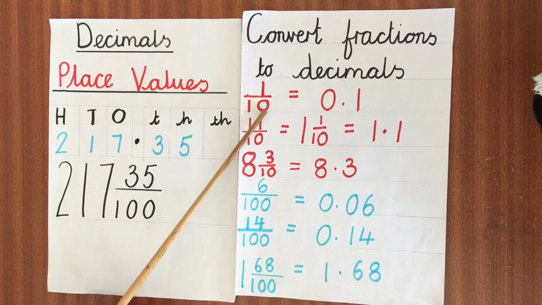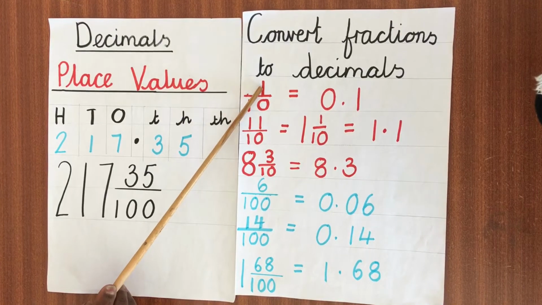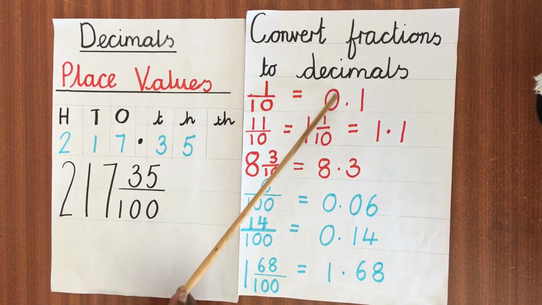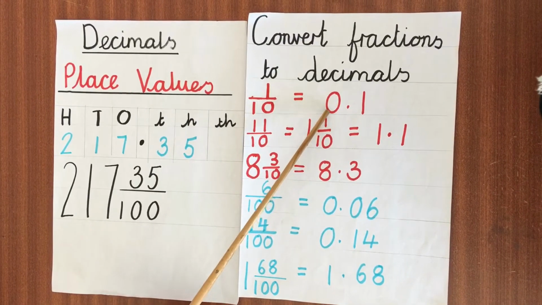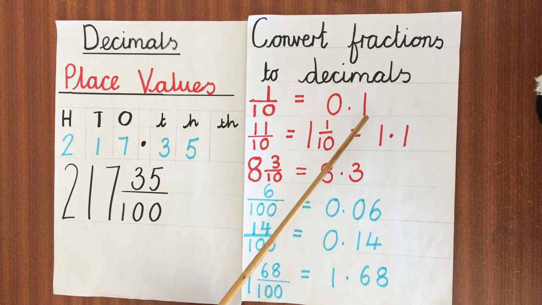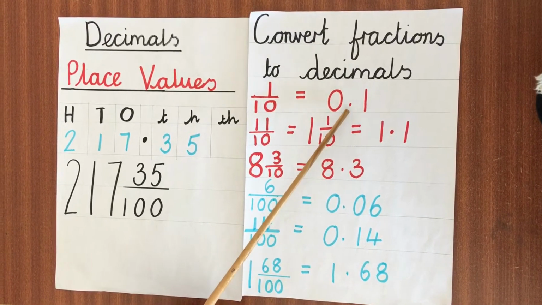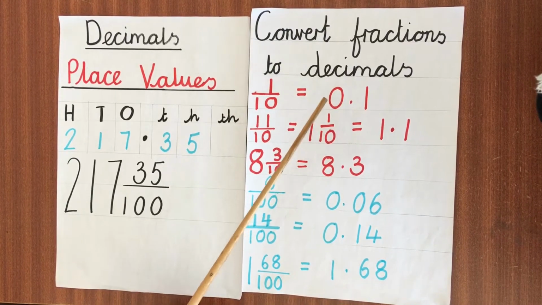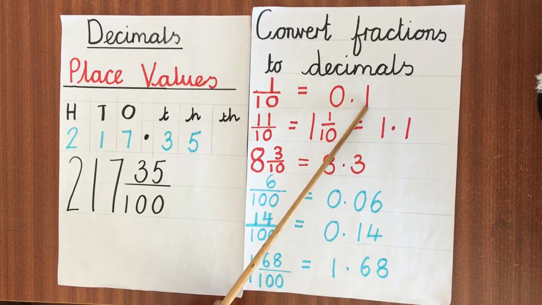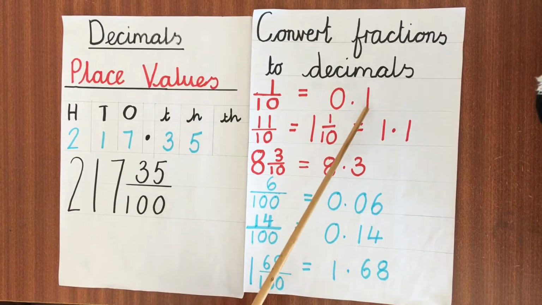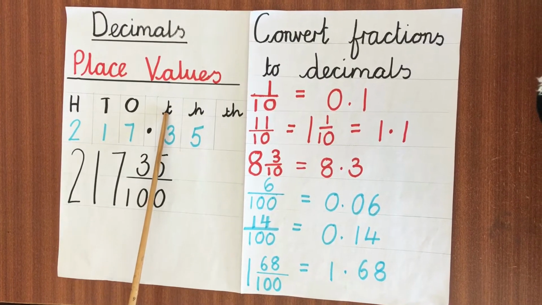How many tenths are there? Just one. There are no whole numbers, that's why it's 0.1. Because of the 1 being the first value after the point, so it is 0.1.